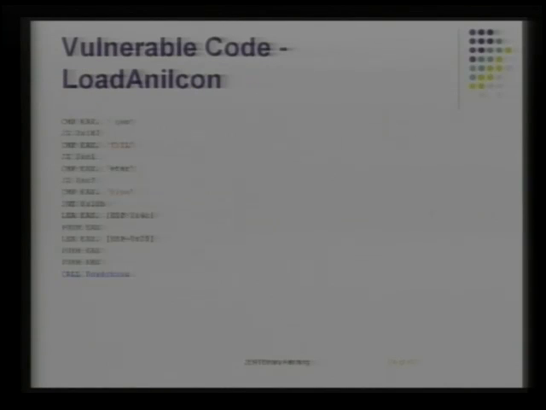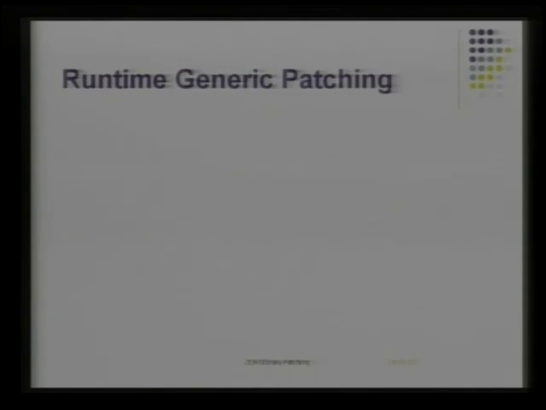I will show it again. So what we want to find is this dword, the ANI header, the LIST, and then we know this is the area in the user32 DLL that we want to find. And if we keep on disassembling, after the ANI header, we will reach this call that we want to patch. So that's why we need a disassembler here.